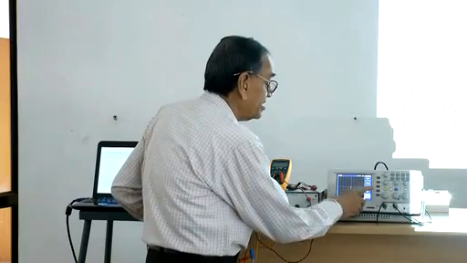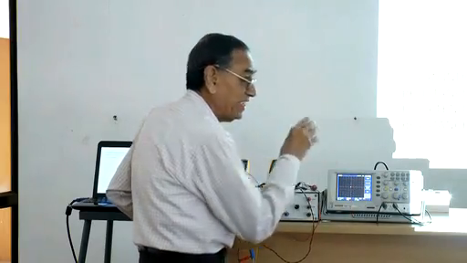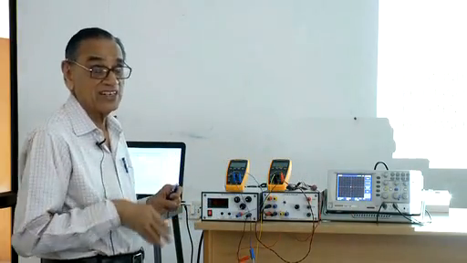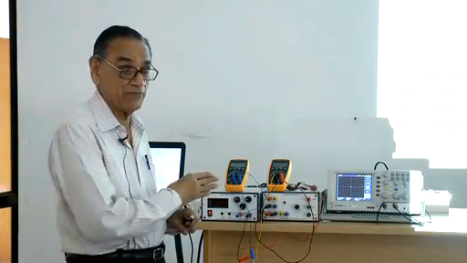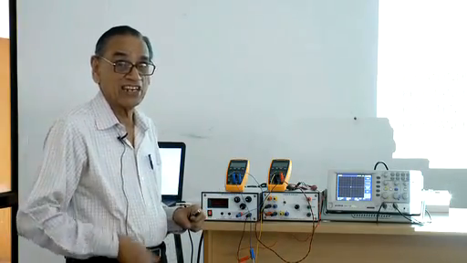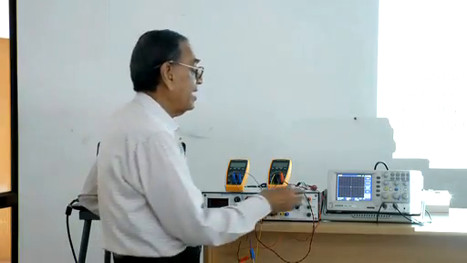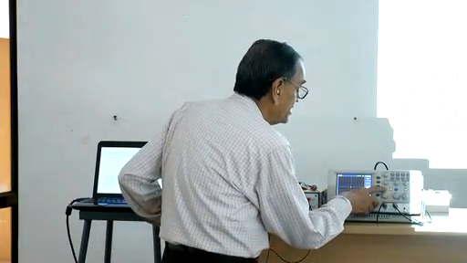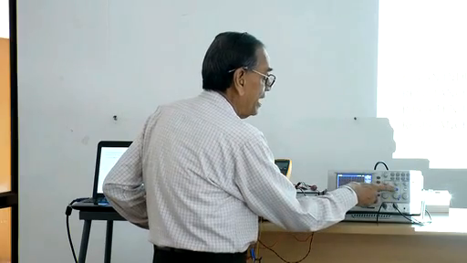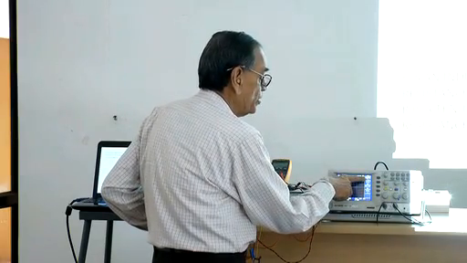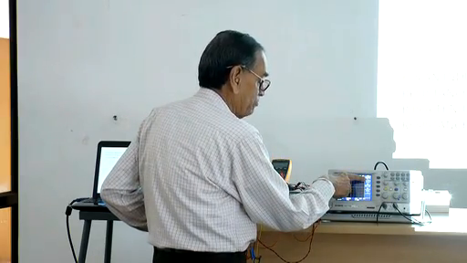I put the oscilloscope in the XY mode, that is, voltage across C2 moves the electron beam along X, voltage across C1 moves it along Y. I have to put C1 in AC coupling. I have to put C2 in AC coupling.